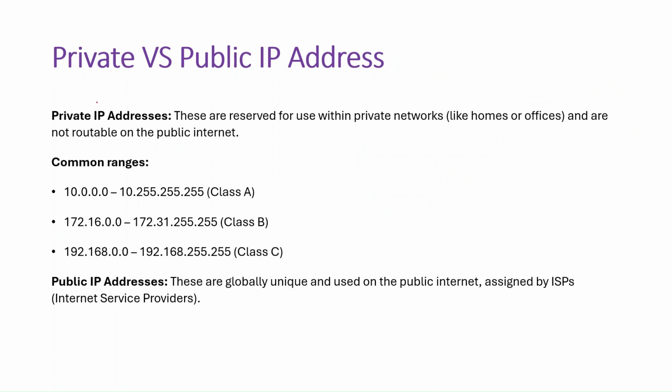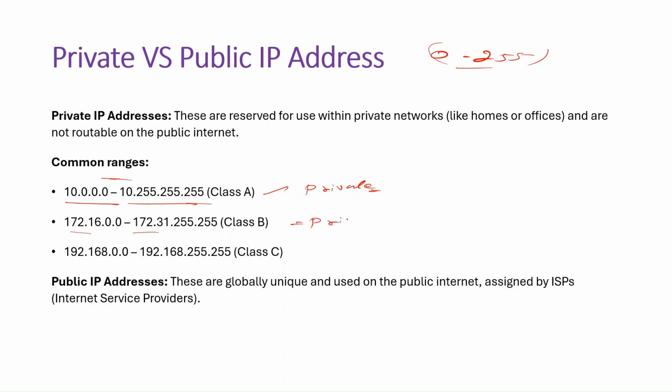And what is the difference between public and private IP addresses? As I told you, even though we have a range from 0 to 255, only certain ranges are private. From class A, 10.0.0.0 to 10.255.255.255 is the private range of class A, and the private range of class B is from 172.16 to 172.31.